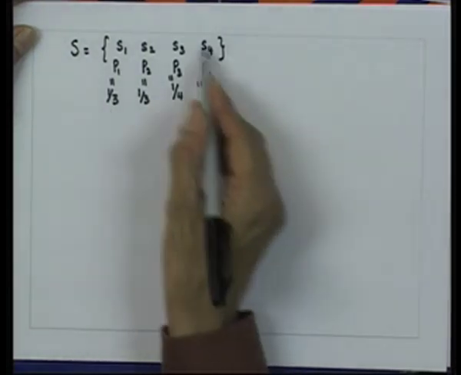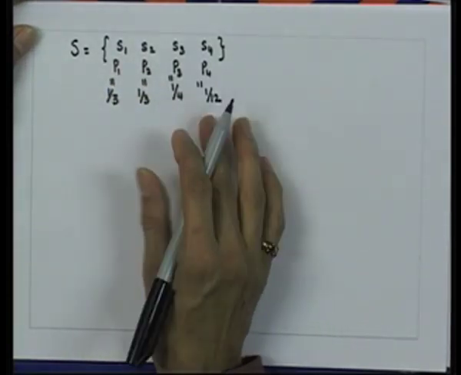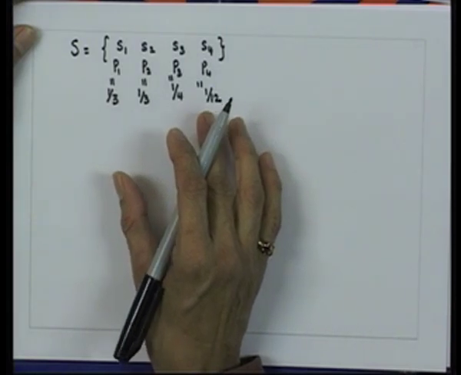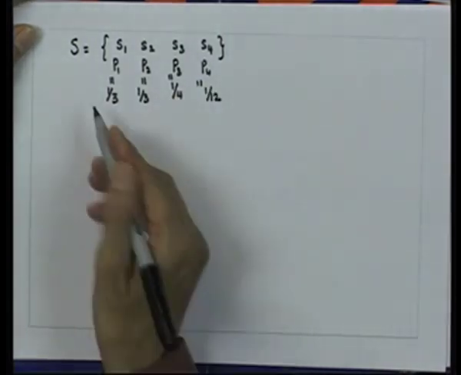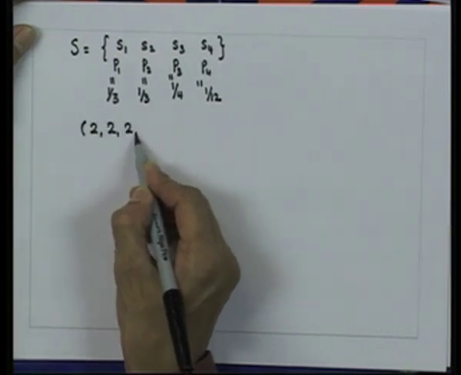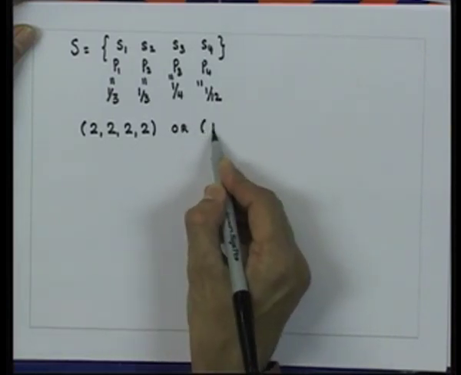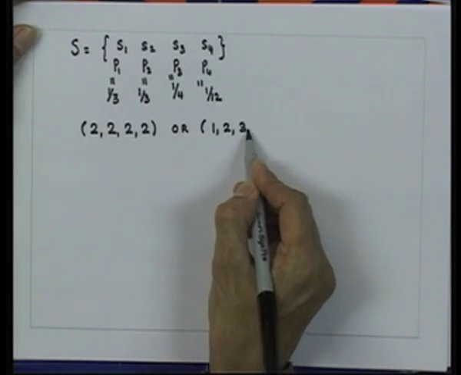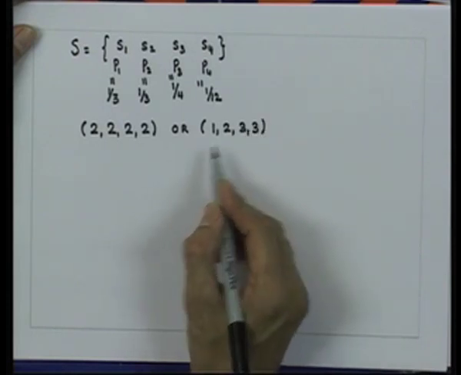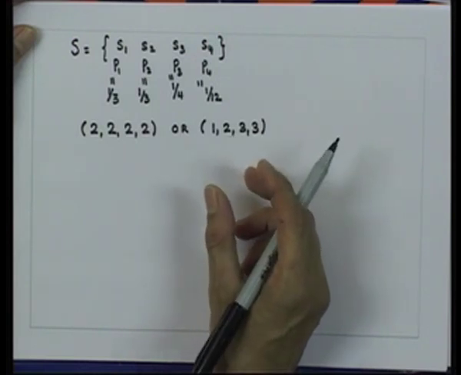Now, for this source we can design a Huffman code, and the code word lengths which will result from the design of the Huffman code will be 2, 2, 2, 2 or 1, 2, 3, 3 depending on where one puts the merged probabilities in the process of Huffman coding.